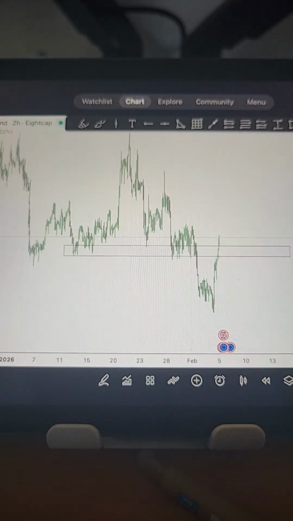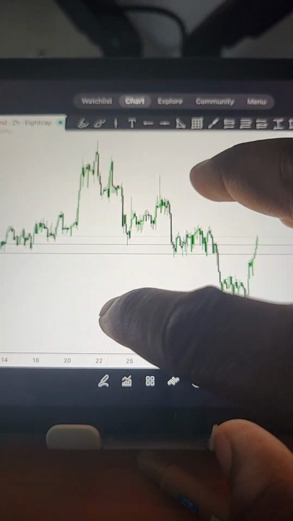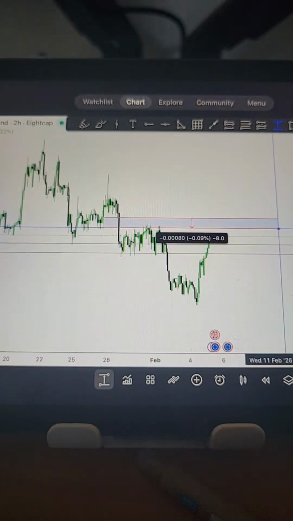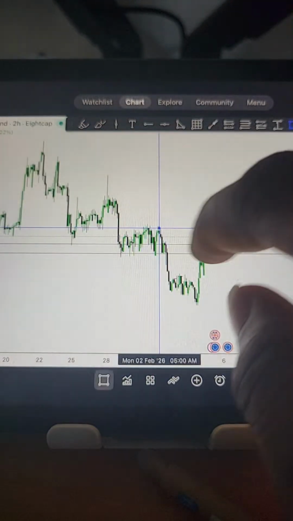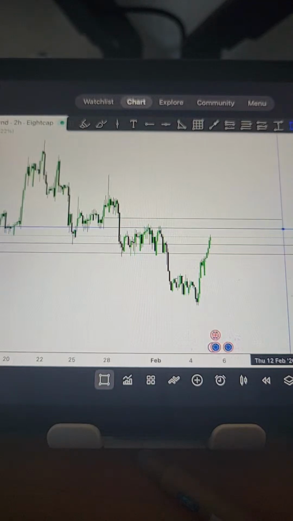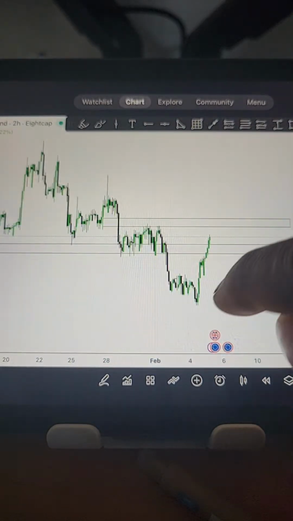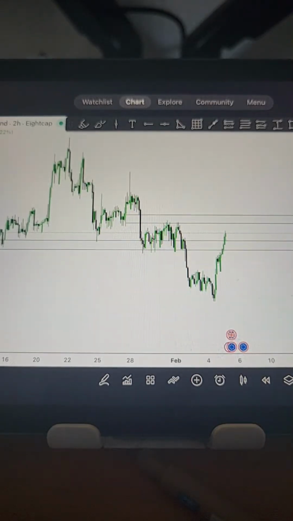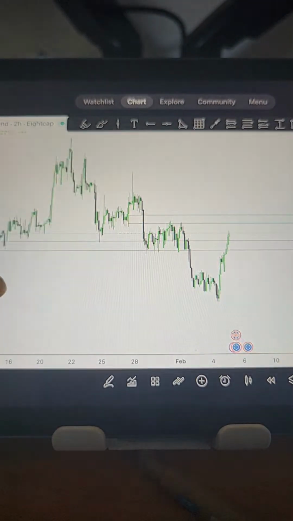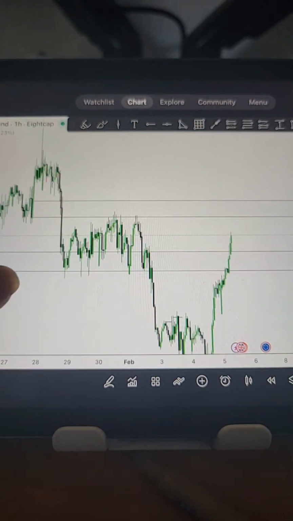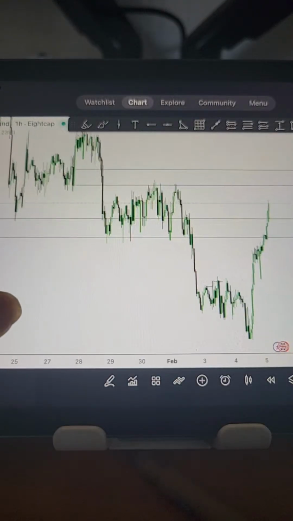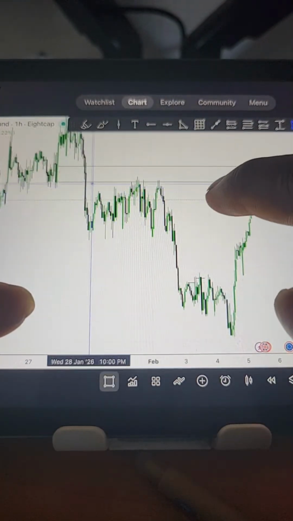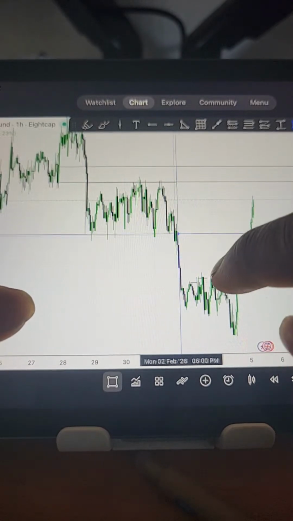So what I want to look for is how to get involved in this market. This is a strong consolidation here, guys.